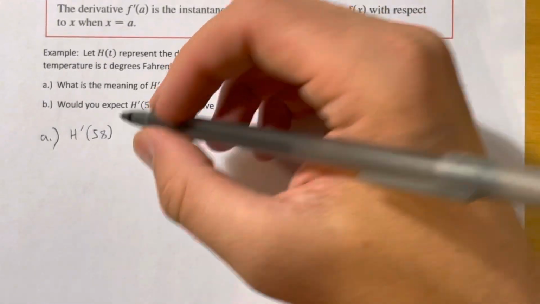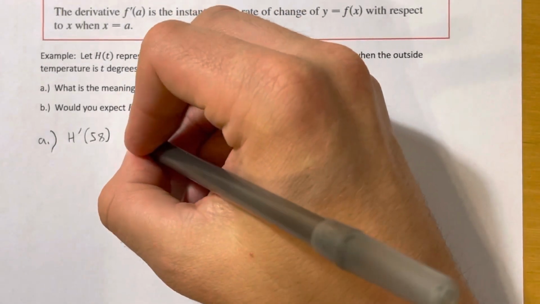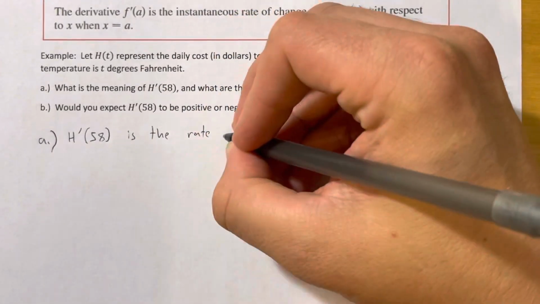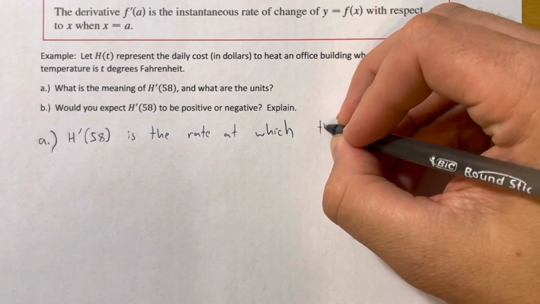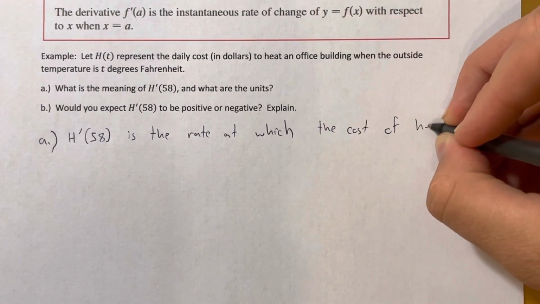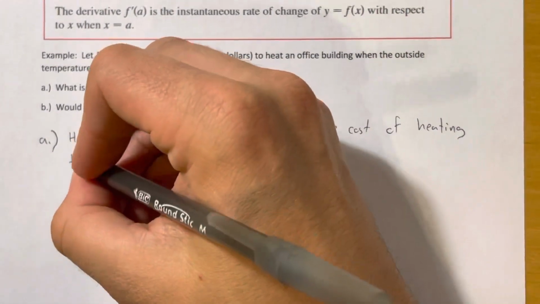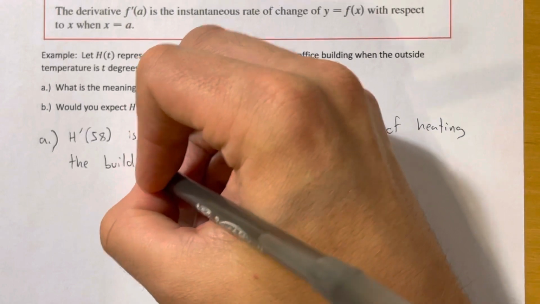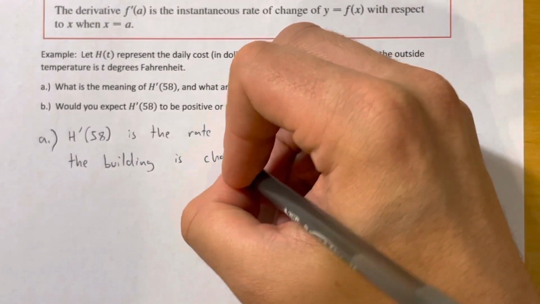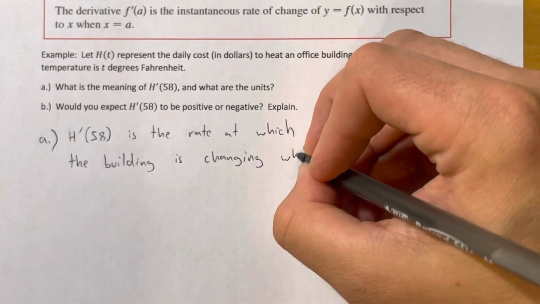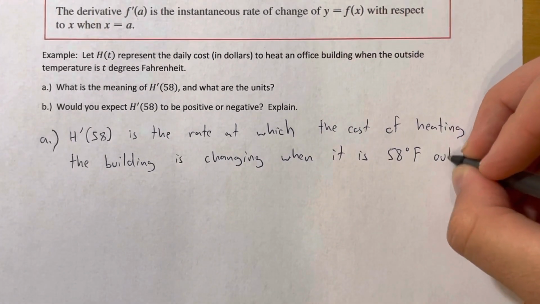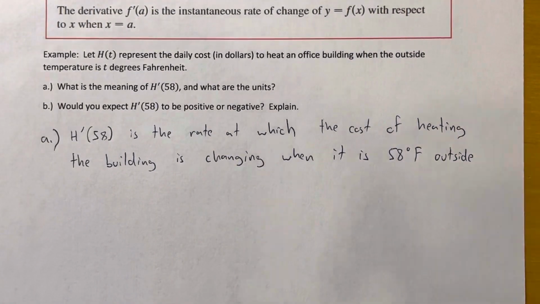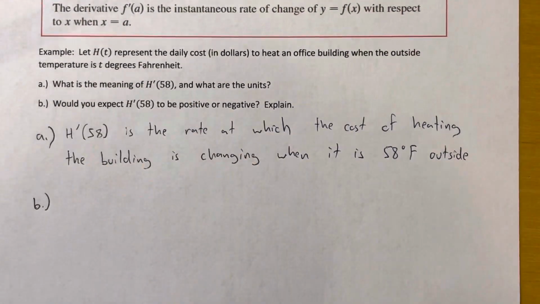I could have done that, but h prime of 58 would be equal to some number, is the rate at which the cost of heating the building is changing when it is 58 degrees Fahrenheit outside.